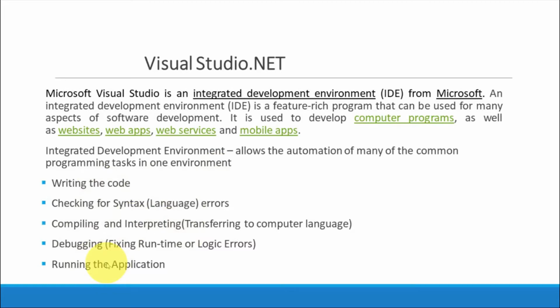So we can say that this IDE contains all the elements in one window, and all the tools are available in one place for the development of the program, which makes programming easy, fast, and faster, and reduces the code.